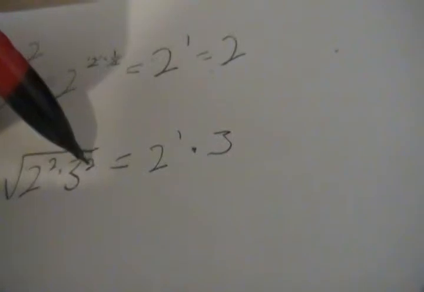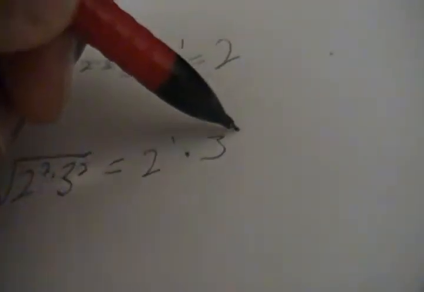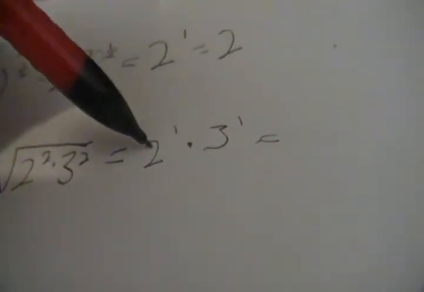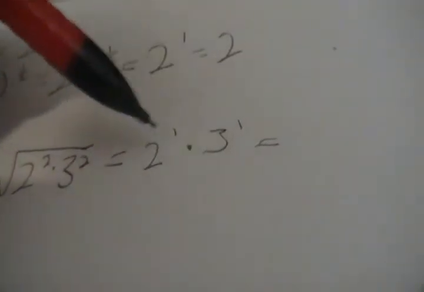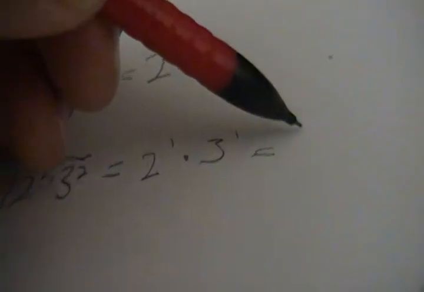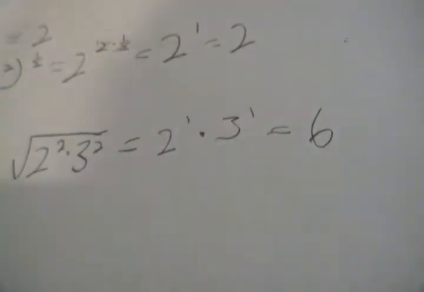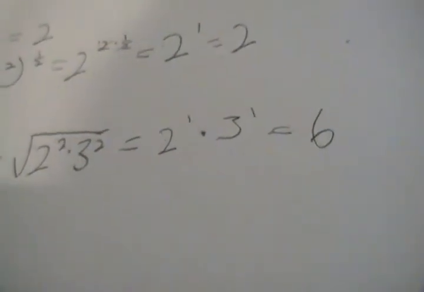Now we divide the 2 by 2, which is 3 to the 1 power. So we have 2 to the 1 power times 3 to the 1 power, which is just 2 times 3, which is equal to 6. So that's how you would go about solving this.